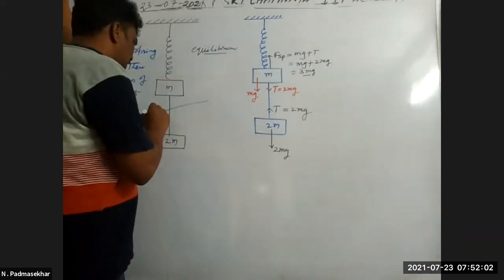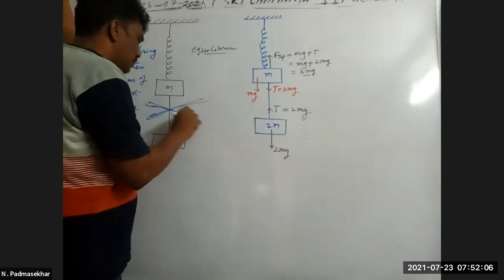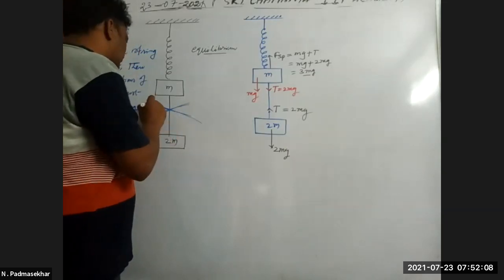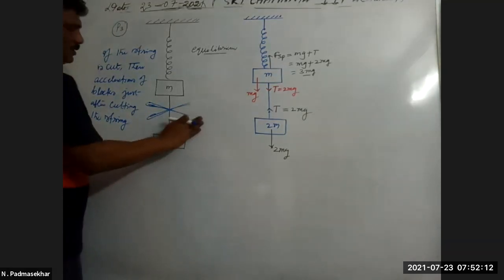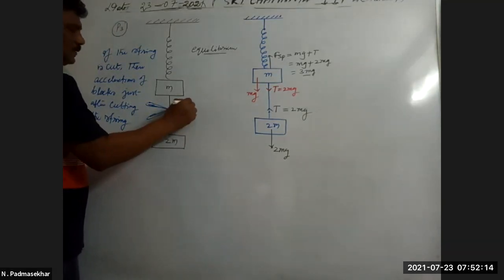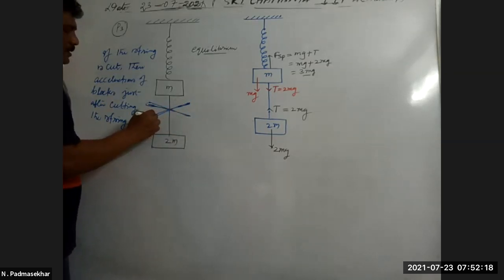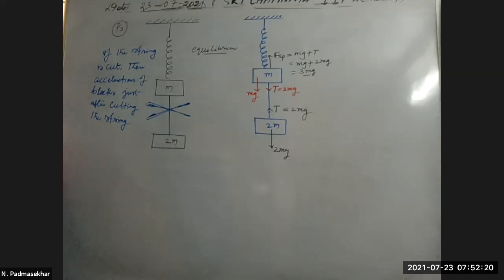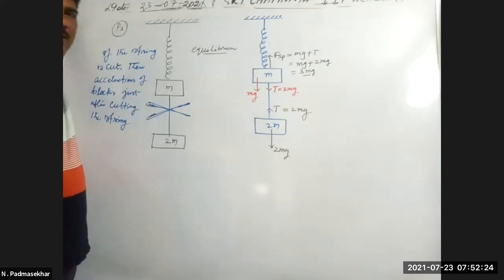If the string is cut like this, what is the acceleration of these blocks?